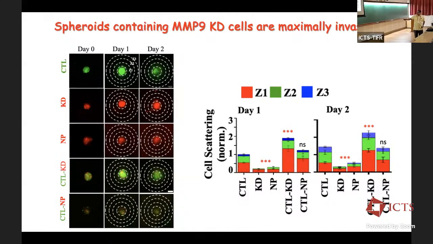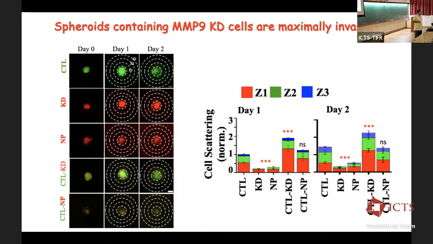What you can clearly see is that even at day 1 or day 2, knockdown and non-proteolytic spheroids are not able to invade. But the most interesting observation is here: when I combined the control and the knockdown cells in a 1:1 ratio, I get the maximum amount of invasiveness, even more than my control.